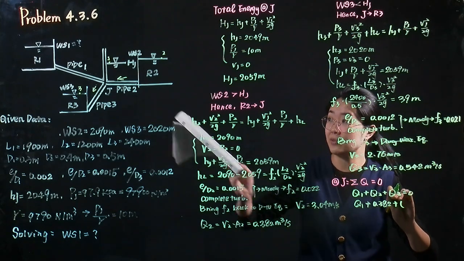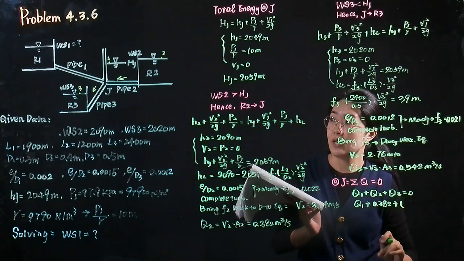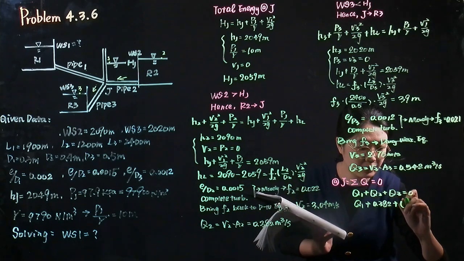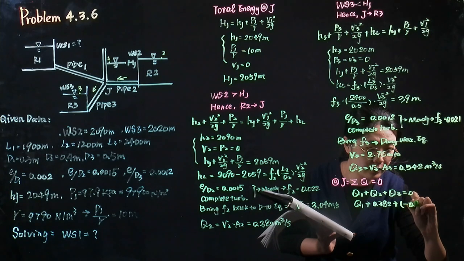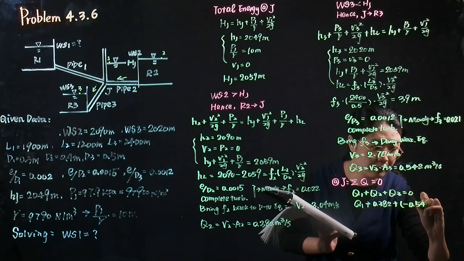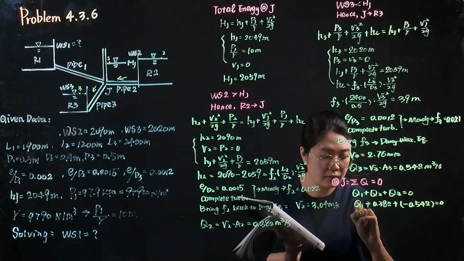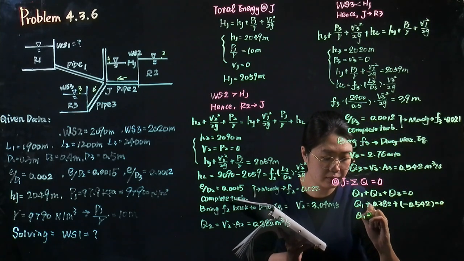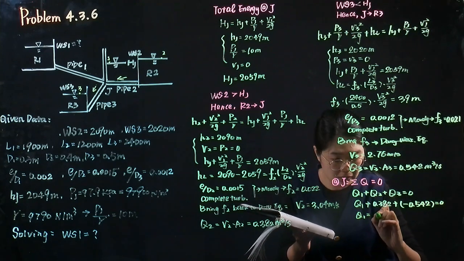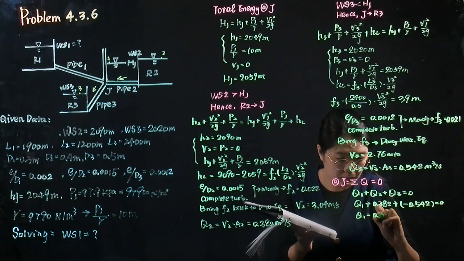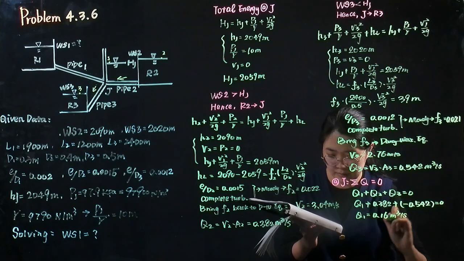And Q3 is from the junction to reservoir 3, so for the junction J, it's an outflow. It should be negative, so it's negative 0.542, equals 0. Then we can get the value of the flow rate in pipeline 1. It equals 0.16 cubic meter per second.